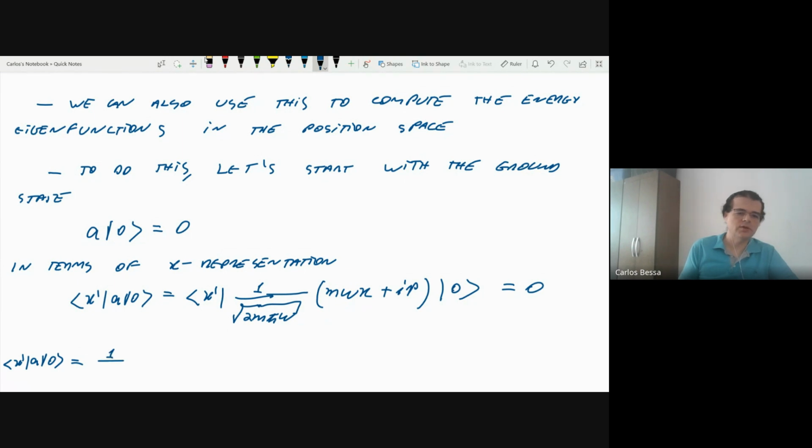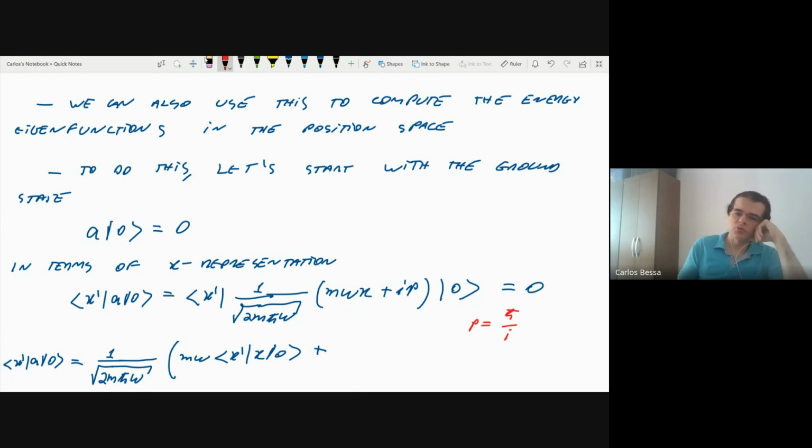We'll have 1 over square root 2m h bar omega, m omega x prime x 0 plus P. Just to remember, P is equal to h bar over i d dx.